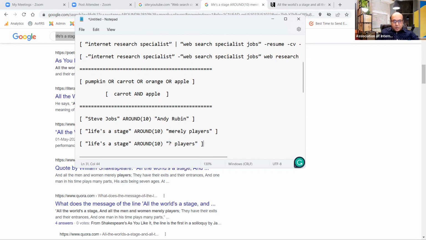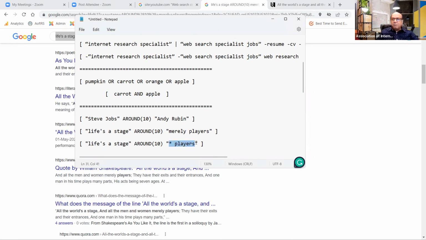This tells the search that there is a missing word and you want that word to be found by the search first before it is going to act or react to AROUND 10. So likelihood is that the asterisk would fill in the missing word if you don't quite remember the last two words.